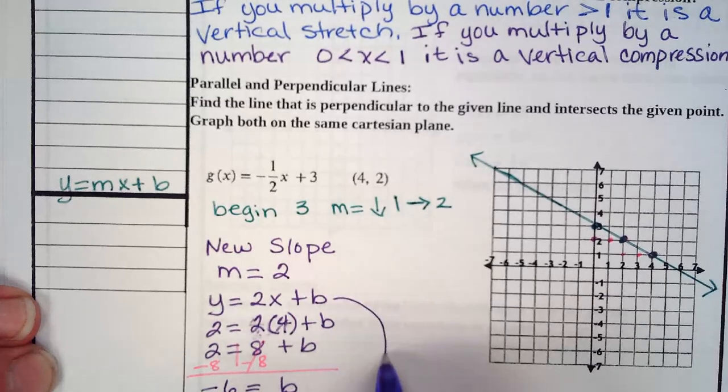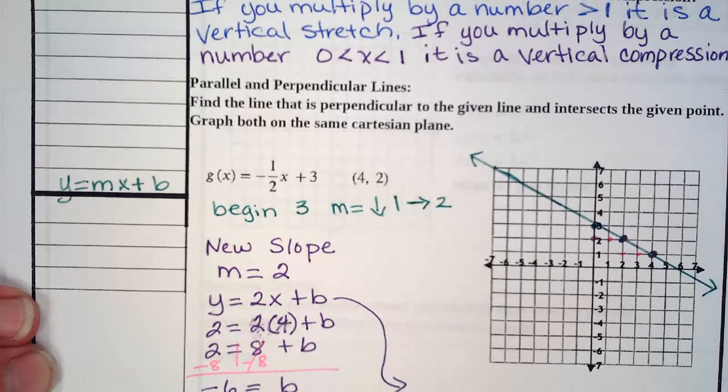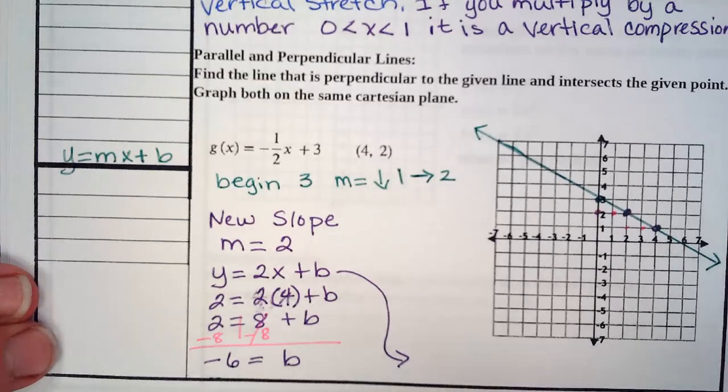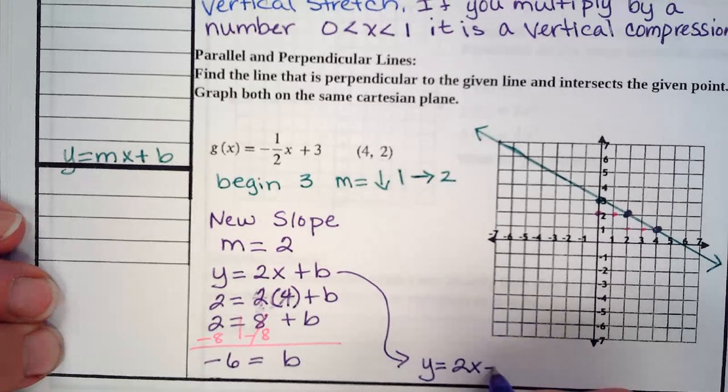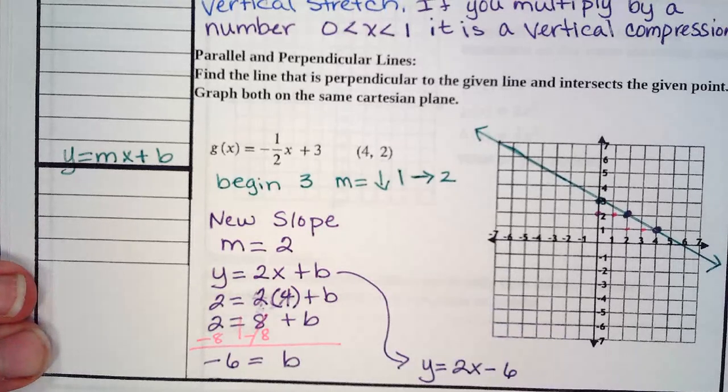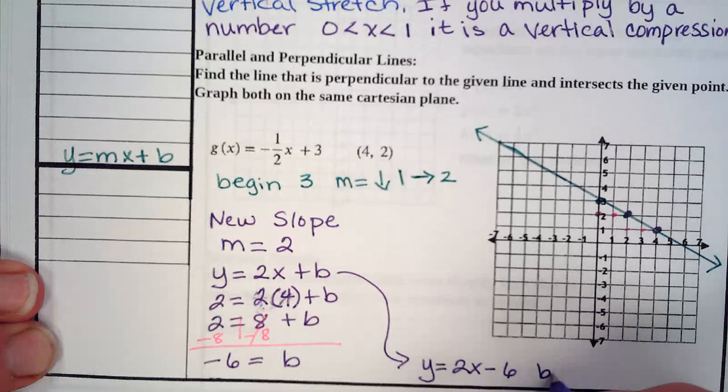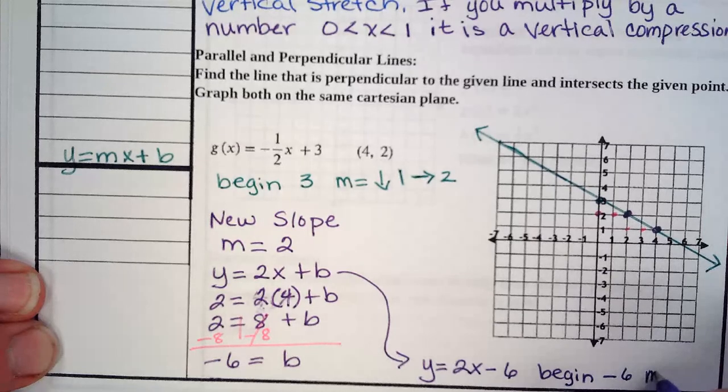We're going to take our equation, we're going to bring it down. Y is equal to 2x minus 6. Where do I begin? At -6. How do I move?